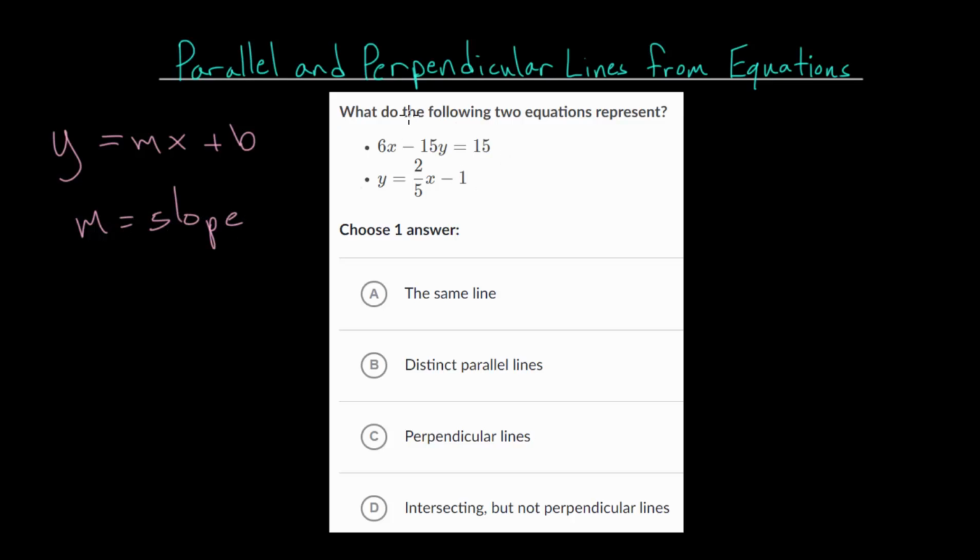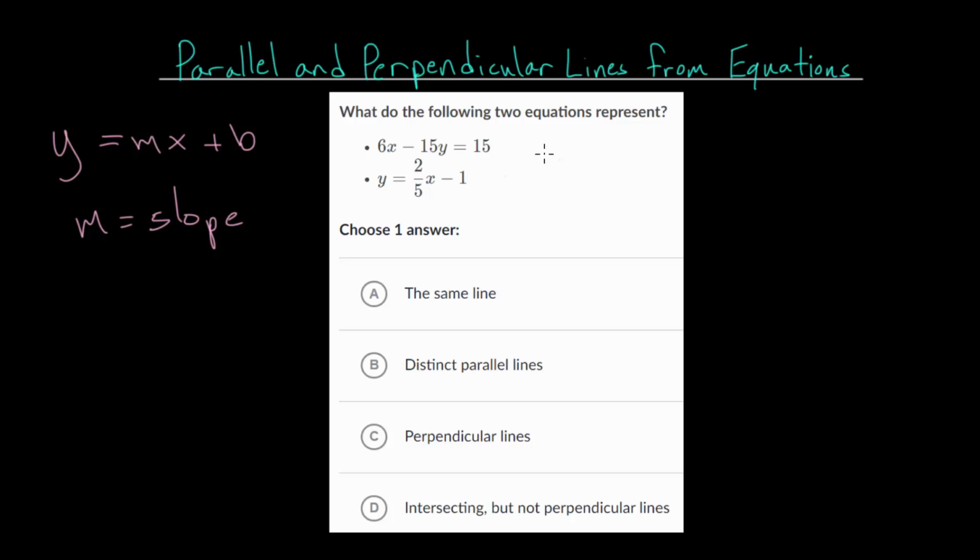If we can rearrange both equations so that they're in slope-intercept form, we can compare their slopes. Remember, parallel lines have the same slope, and perpendicular lines have slopes that are negative reciprocals of each other. Or if you multiply the two slopes together for perpendicular lines, their product is equal to -1.